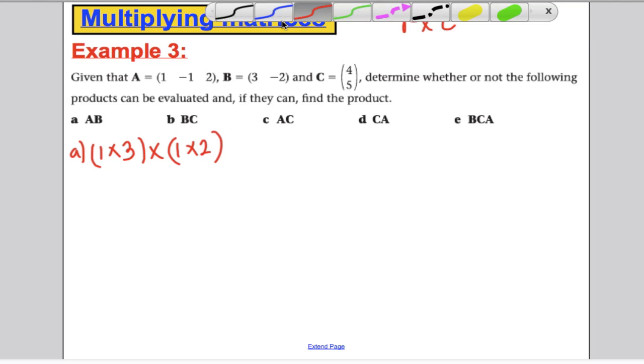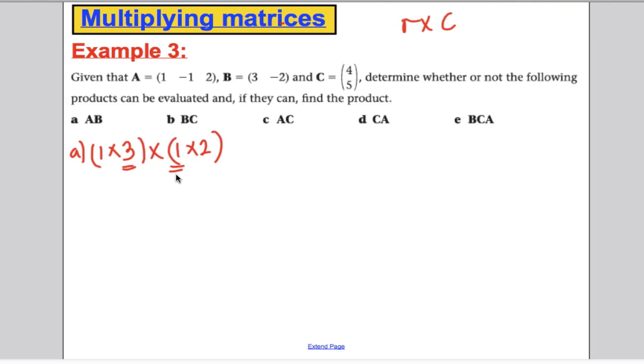Because the number of columns in the first is not the same as the number of rows in the second, you can't do it. So this can't be done, can't do. So there is no answer to the first one.